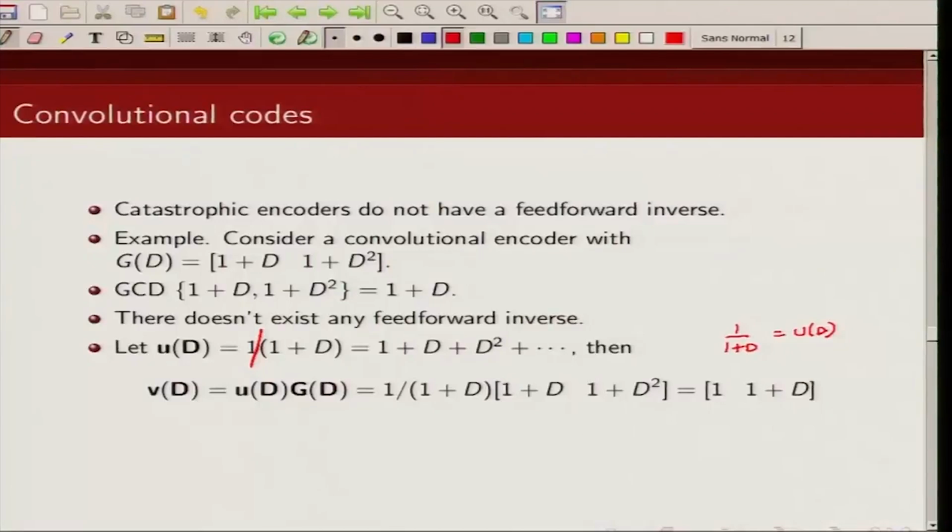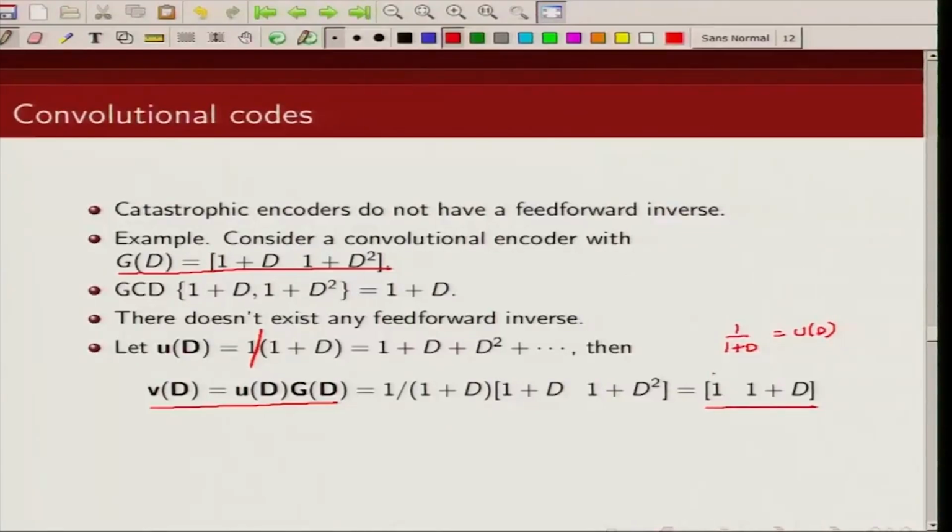Now, if I give this input to my convolutional code, whose G of D is given by this, what is my output? My output is U of D times G of D. So, this will be given by this.